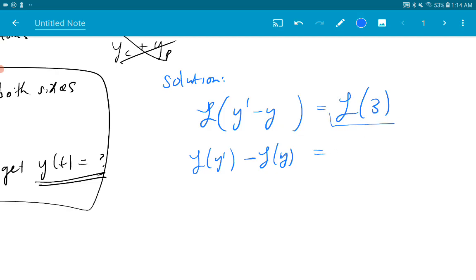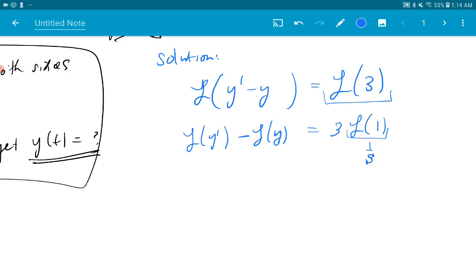By the way, what is the Laplace transform of 3? Well, that would be 3 times the Laplace transform of 1. If you look up in the table, the Laplace transform of 1 is just 1 over s. To make it look like an s, I'll put these little marks on the end. So we've got 3 over s here.